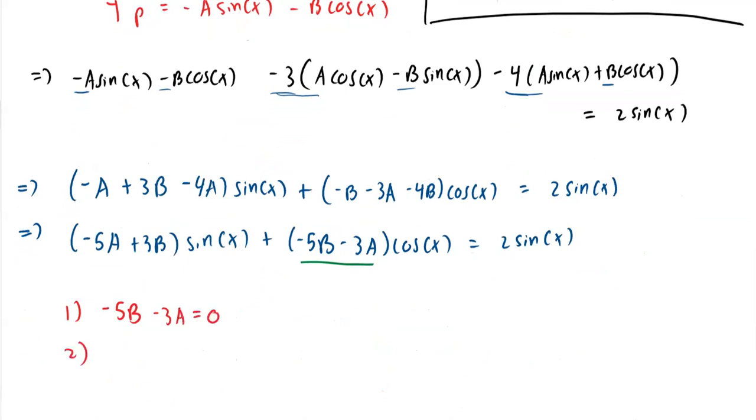Now I have two unknowns, so hopefully I can get two equations in the two unknowns to solve for them. So now let's look at the sine term. If we want it to be equal to whatever's on the right-hand side, the coefficient multiplying sine has to be equal to the coefficient multiplying sine on the other side, right? So we have negative 5a plus 3b has to be equal to 2.